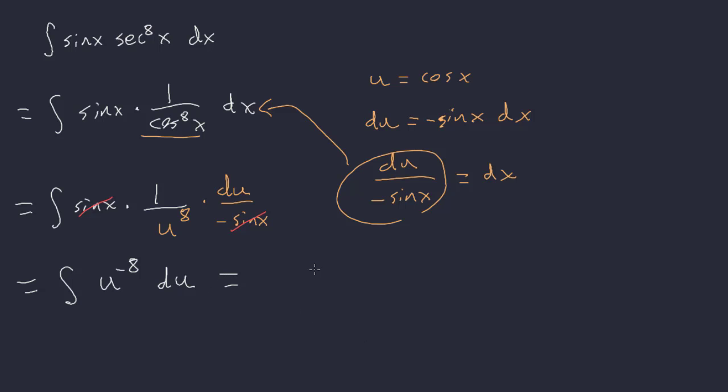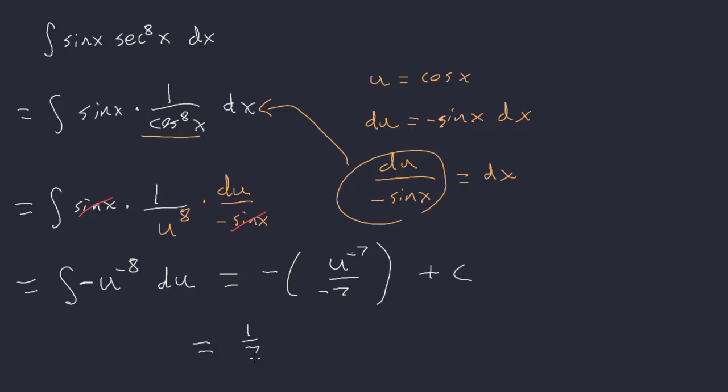We'll add 1, so we get u to the negative 7 divided by, oh, and we have a negative, sorry. That negative should come out. So let me do this again. We'll have a negative, then a negative u to the negative 7 over negative 7, plus c.